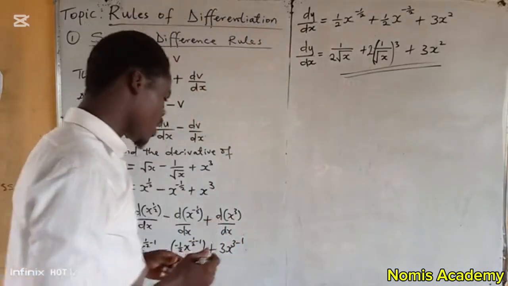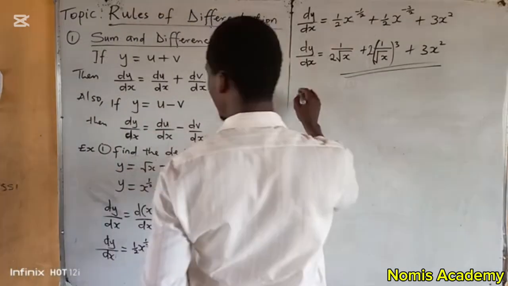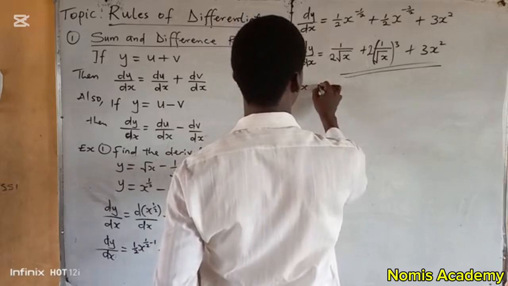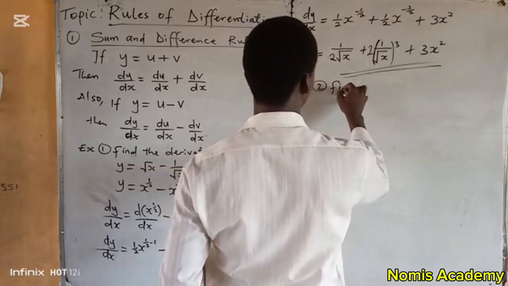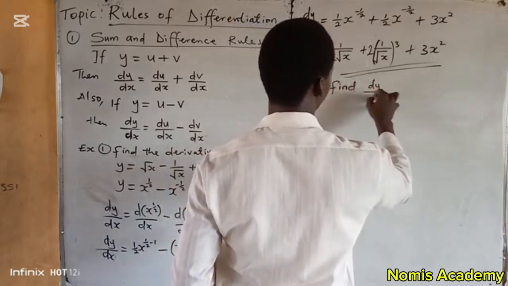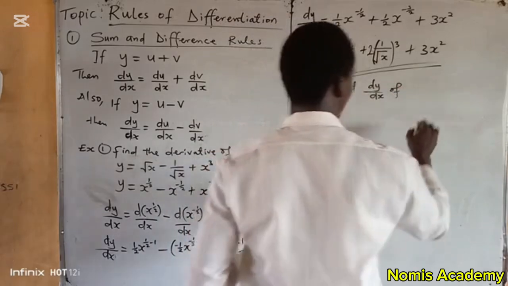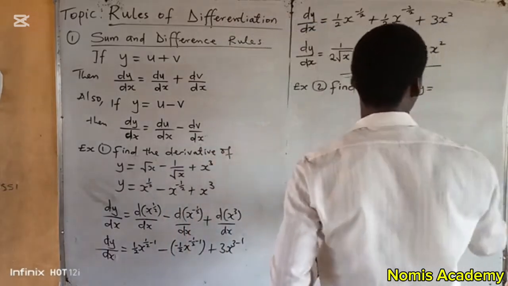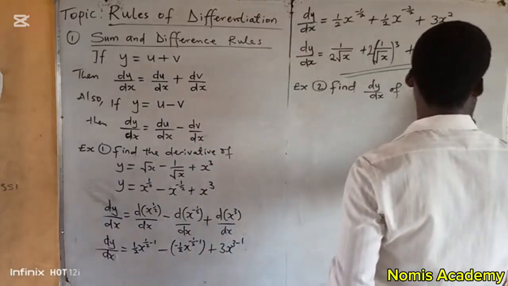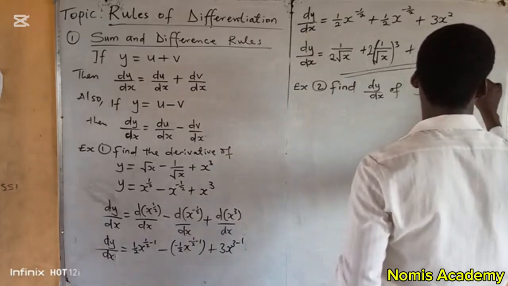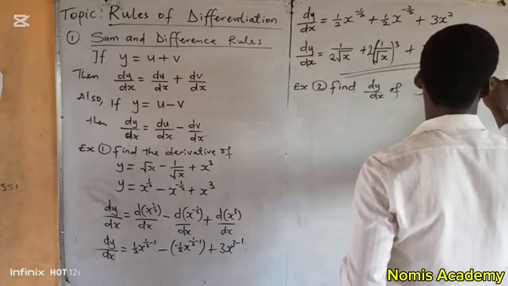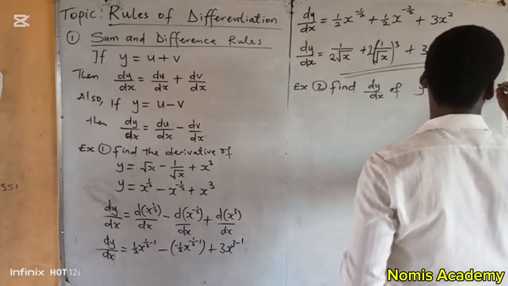Let's pick another example. Example 2: find dy over dx of y equal to 3x squared minus 5x cubed minus 3.